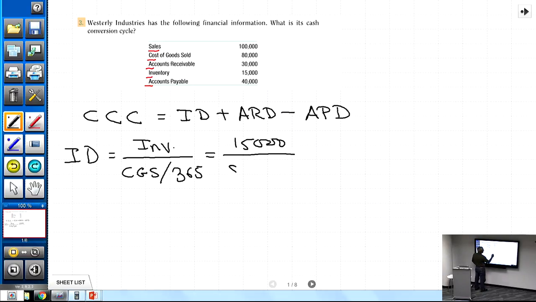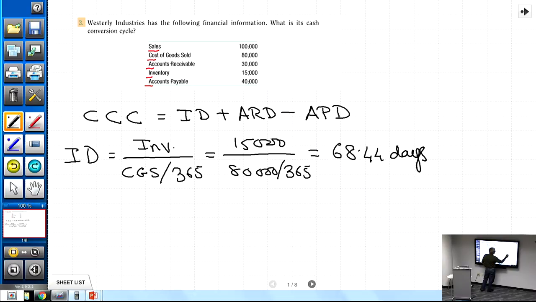Cost of goods sold is 80,000. Divide that by 365. That gives us 68.44 days. That means it takes us an average of approximately 69 days to clear out our inventory or convert inventory into sales.